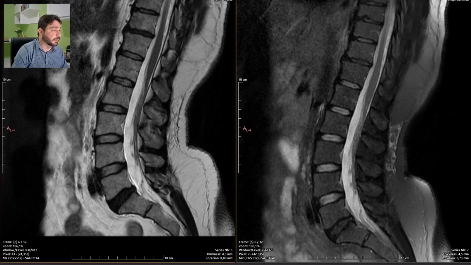I'm going to add that there was a contrast enhanced sequence, because even though it didn't help us much, there is thickening of the yellow ligaments.